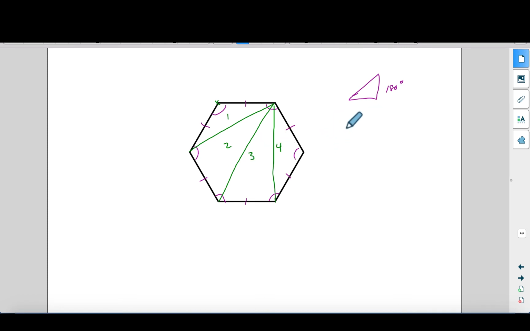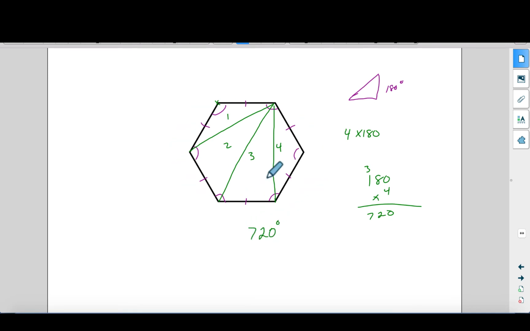So 4 times 180 gives us the measurement. Let's do that and try to come up with our number here. 8 times 4 is 32, carry the 3, and we have 720. So the interior here equals 720 degrees.